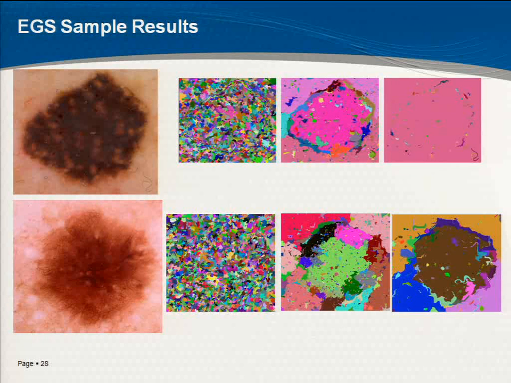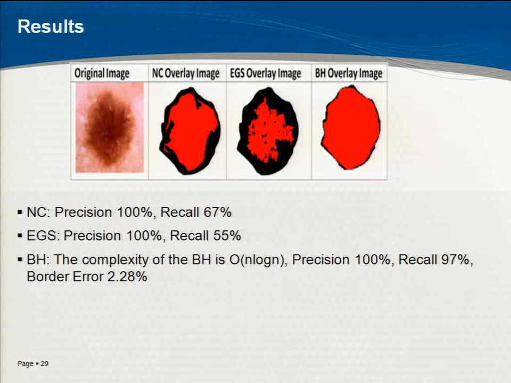For the efficient graph-based segmentation, we obtained these. Normalized cut time and overall precision and recall for 100 images is 67% recall rate. So for the fine border it's not very efficient. Also EGS, efficient graph segmentation, has a recall of 55%.